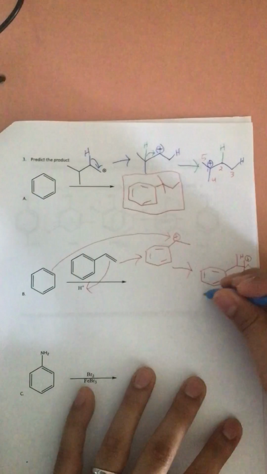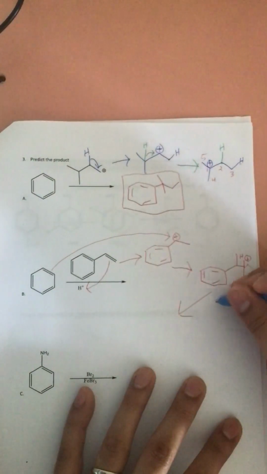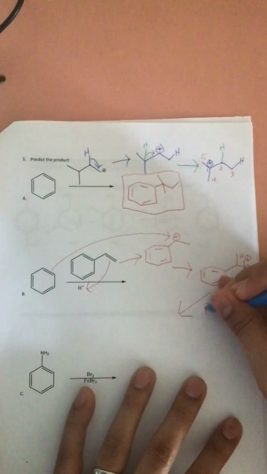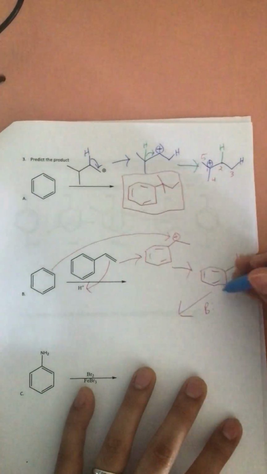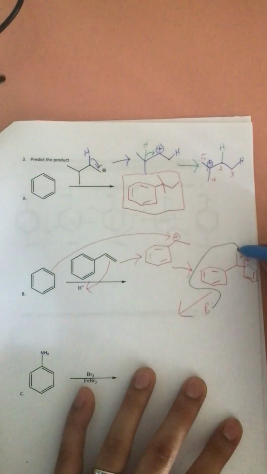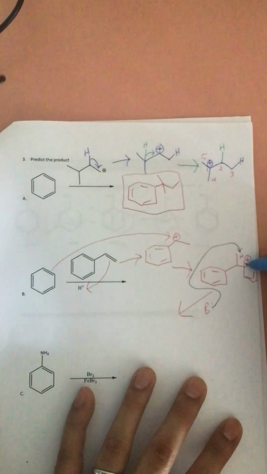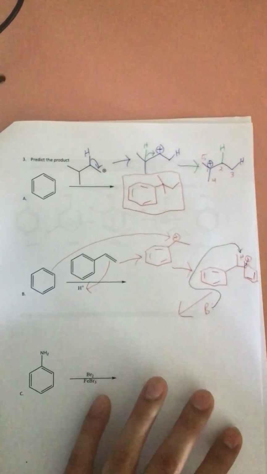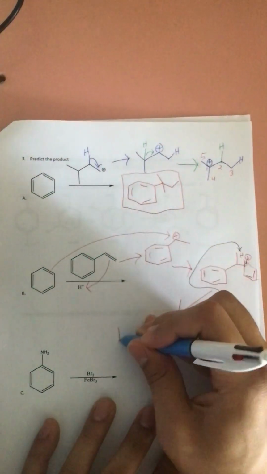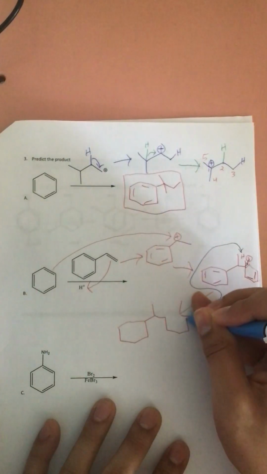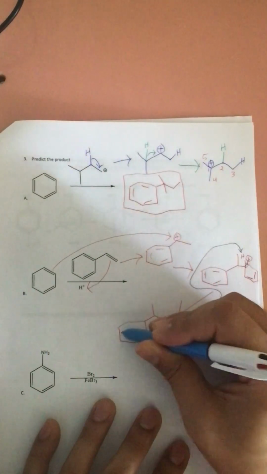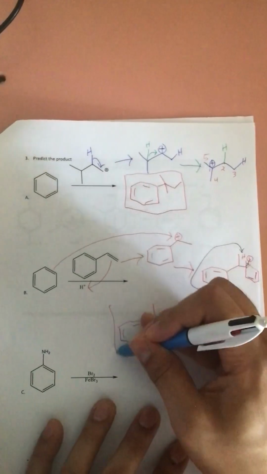So it's going to be like that, and then finally we'll have some sort of base come in, and I'll change the color because it's going to be a crazy arrow. Coming like that, and we will get our final product.